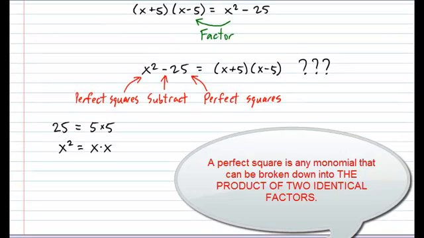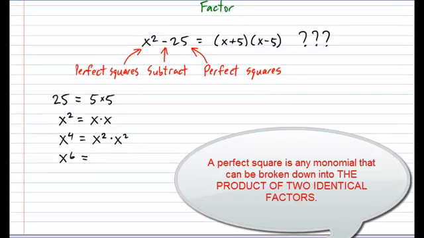Let's look at other possible perfect squares. x to the 4. That's a perfect square because that can be broken down into x to the 2 multiplied by x to the 2. x to the 6. That's considered a perfect square because that can be broken down perfectly into x cubed multiplied by x cubed.